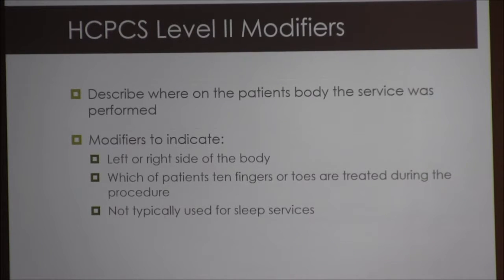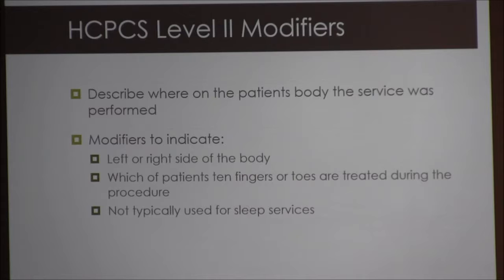So the level 2 has something that's very interesting, which is that the particular area of the patient's body in which the patient is getting a service can be identified using modifiers. So they can indicate if it's the left or the right side of the body, what part of the body it is. If it's the hand, which digit on the hand.